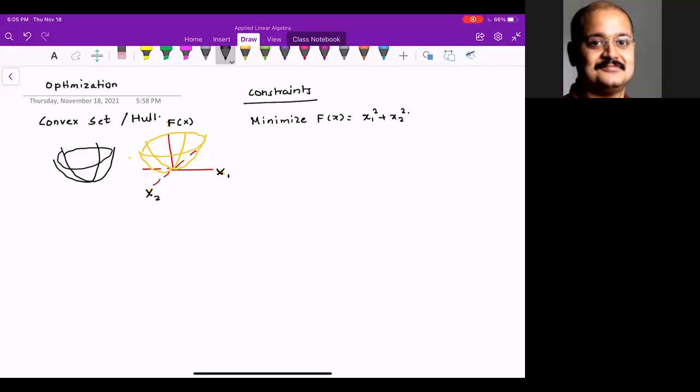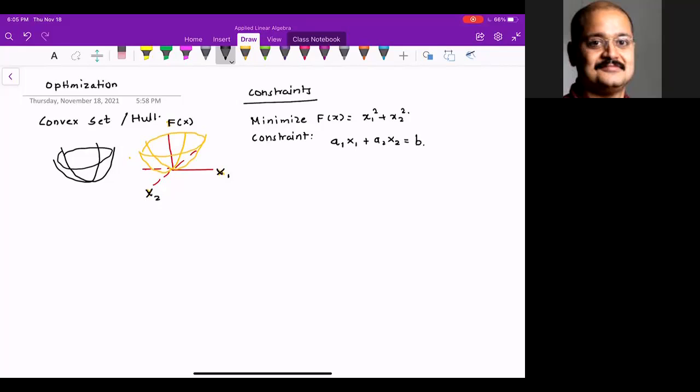And the constraint that we have is that there is a certain relationship between x1 and x2. And that relationship I'm going to give as a1 x1 plus a2 x2 is equal to some value b.